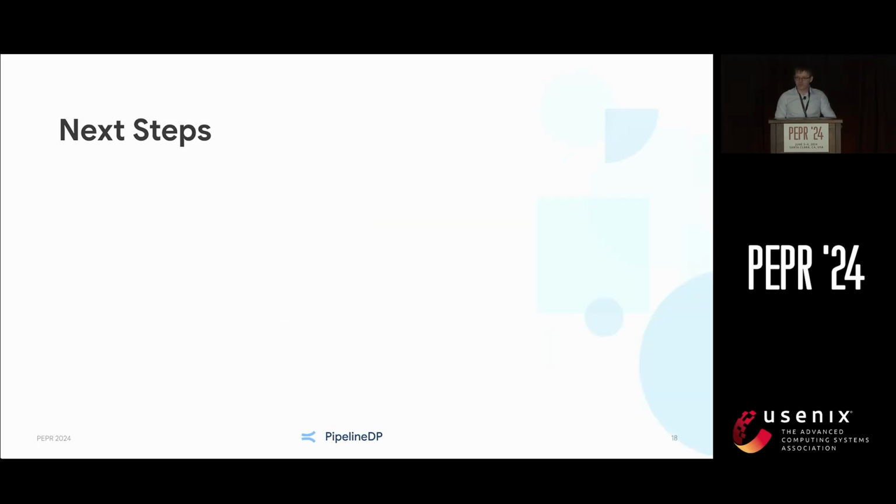Next steps for this project. As I mentioned, it's open source, and all the algorithms are implemented on GitHub. PipelineDP can run distributed on different frameworks like Apache Beam or Apache Spark, but some connectors for infrastructure are required to make sure that it works with Apache Spark.